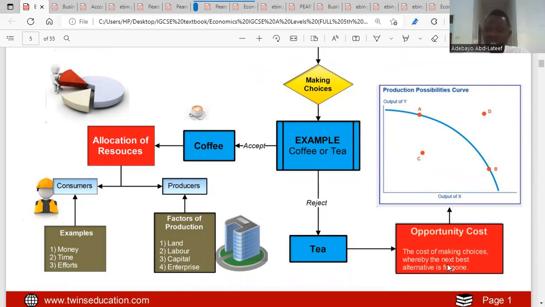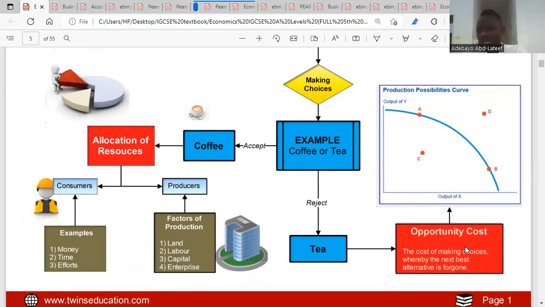Those things that you didn't choose, those things that you decided to let go for now, become your opportunity cost. The choice you made becomes your real cost. That is what you're paying for. The choice you didn't make is your opportunity cost, the next best alternative that is forgone.